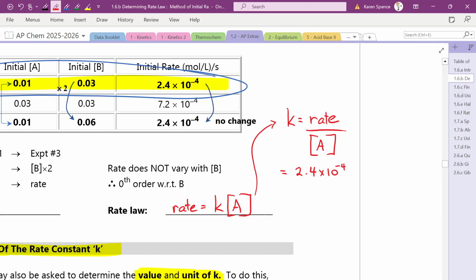And I am lazy, so I'm going to write moles per liter as molar. Molar per second. And then that's going to be divided by the concentration of A, which is 0.01.